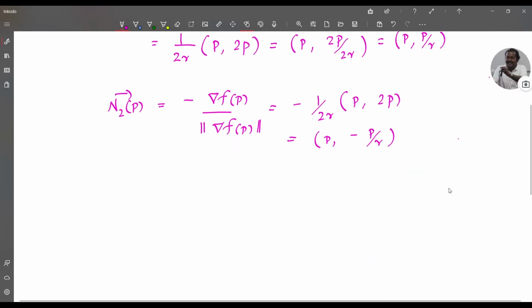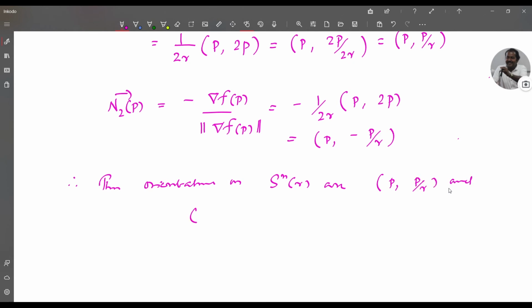Therefore, the two orientations on Sn of R are p by r and p minus p by r.